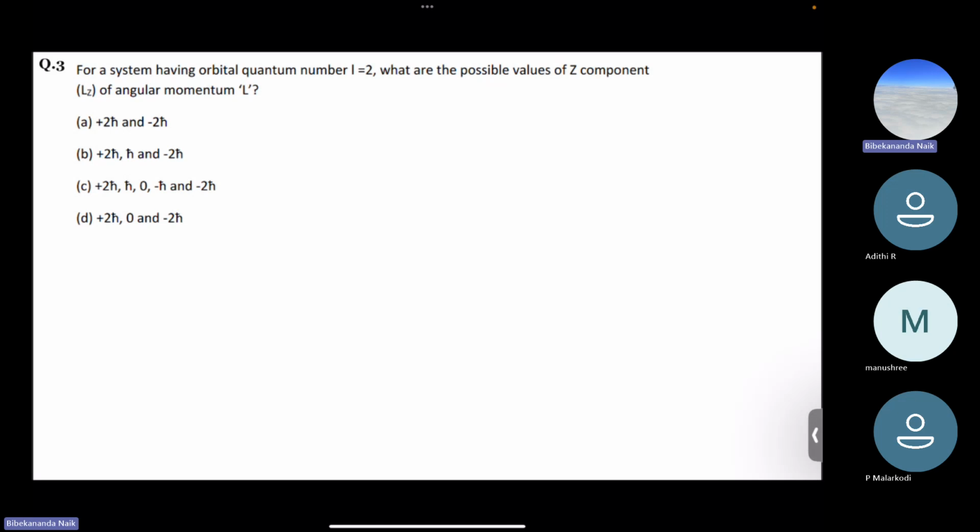Options are: option A, plus 2h cross and minus 2h cross; option B, plus 2h cross, h cross and minus 2h cross; option C, plus 2h cross, h cross, 0, minus h cross, minus 2h cross; and option D, plus 2h cross, 0 and minus 2h cross. Can anyone tell me what will be the correct option?